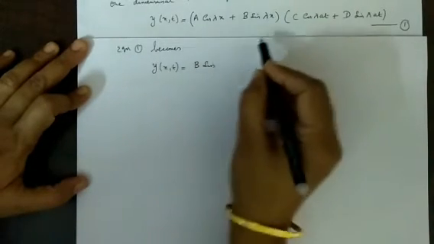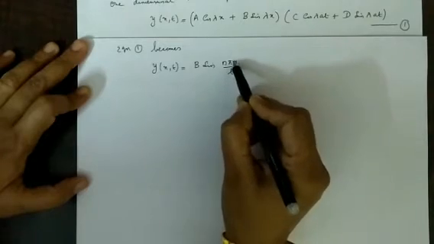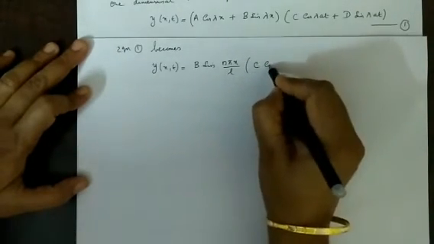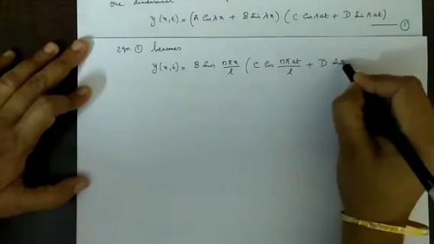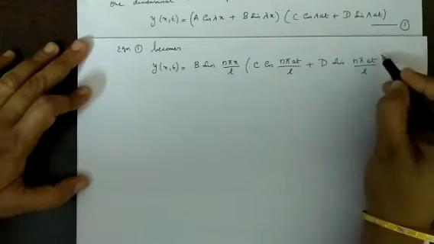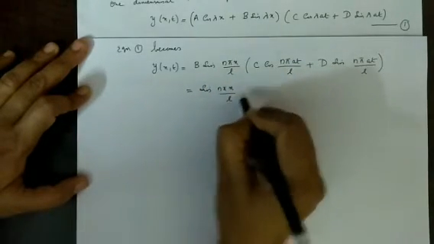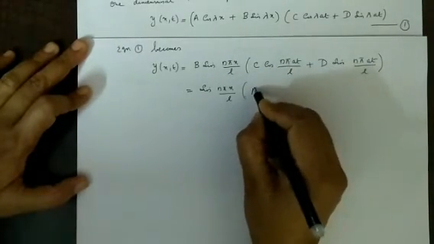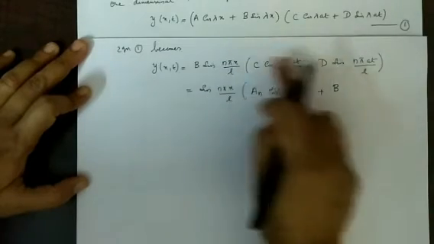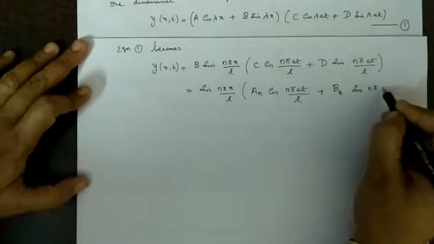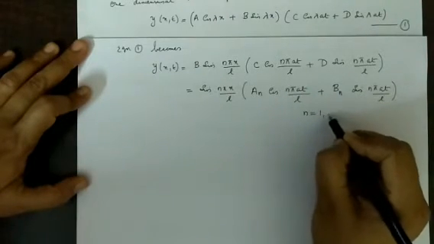Now b sin, in place of lambda we have n pi by L, therefore n pi x by L, into c cos n pi at by L plus d sin n pi at by L. Now rearranging, we get sin n pi x by L into (b c can be replaced by another constant, an) cos n pi at by L plus (b d replaced by bn) sin n pi at by L, where n is equal to 1, 2, 3, etc.